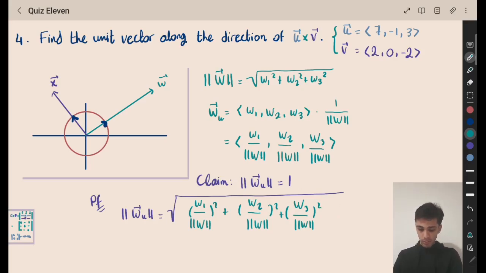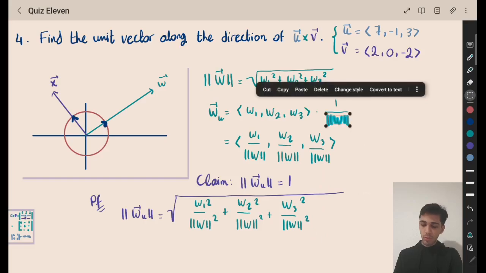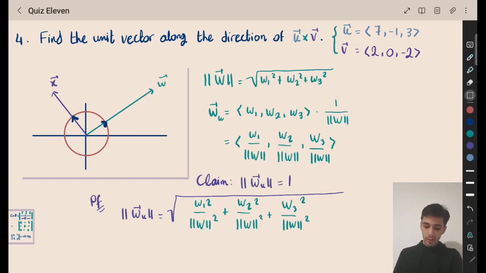When I do this, it is very good. It is the same thing as squaring this upper part and this lower part, upper and lower part. And now I would like you to notice that I actually have this number, this norm of W, as a constant. So I can factor it outside as in the denominator, of course. So this is W1, W2, W3. Remember, I'm adding them, and I'm taking a common factor of 1 over W squared.